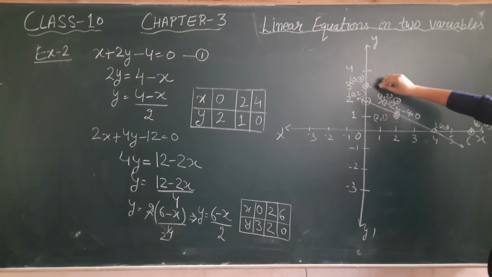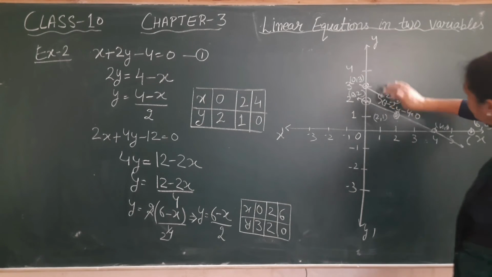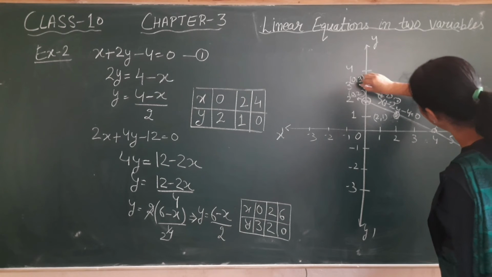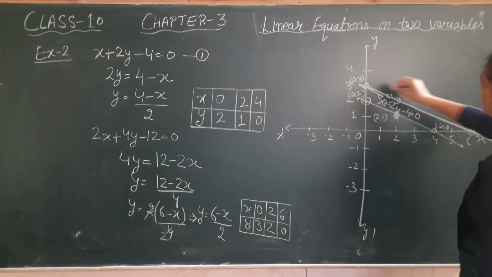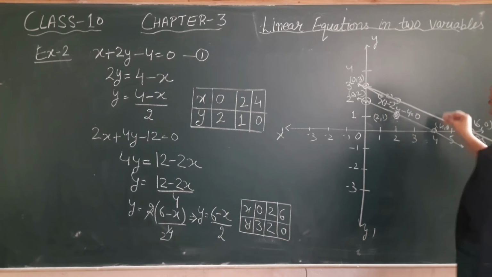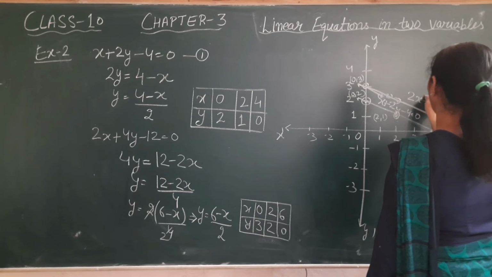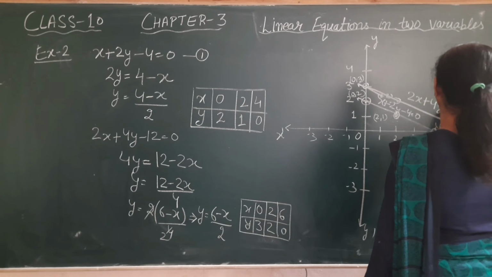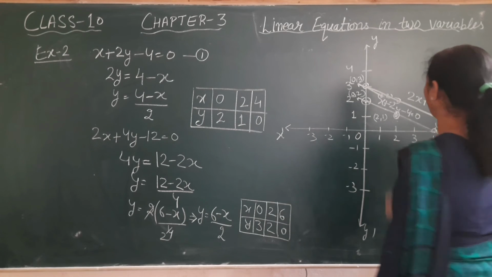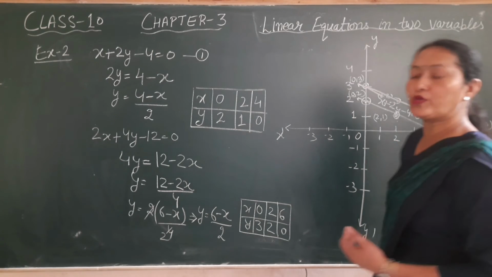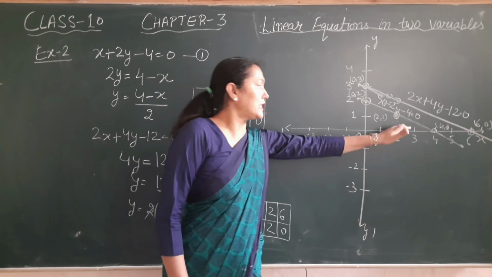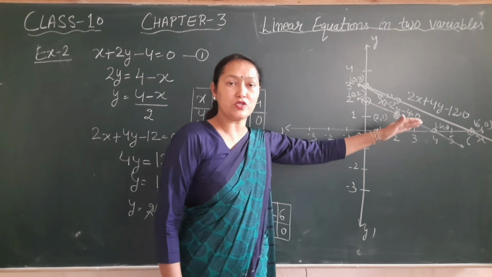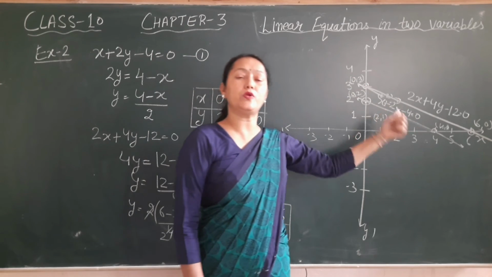So when I'll be joining these points, this is for the equation 2x plus 4y minus 12 equals to 0. So I've drawn the graph for both the equations, and as you can see, the lines drawn are coming parallel to each other.